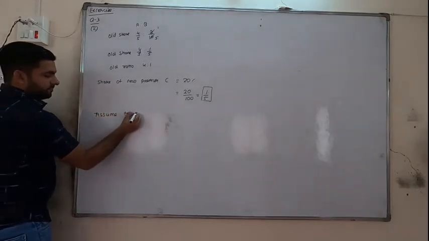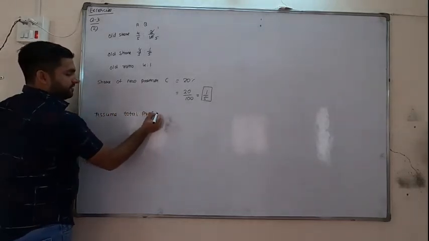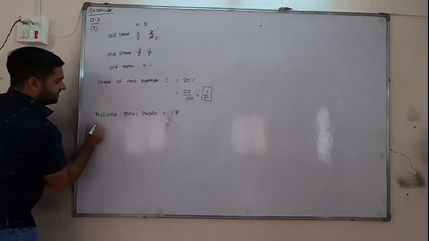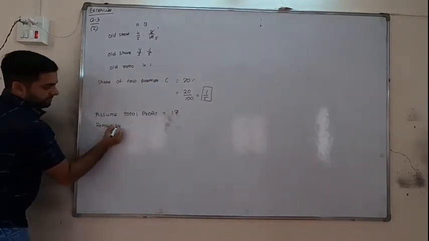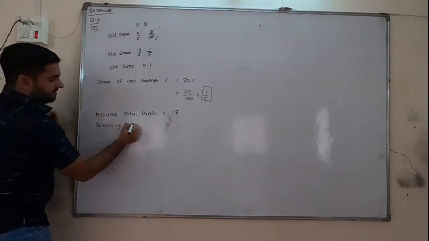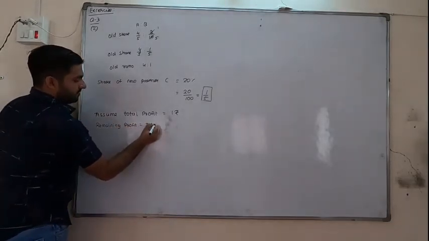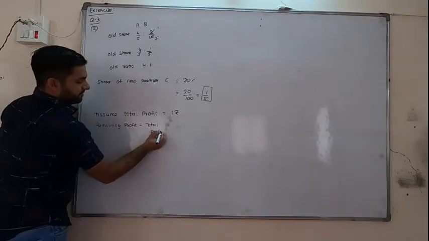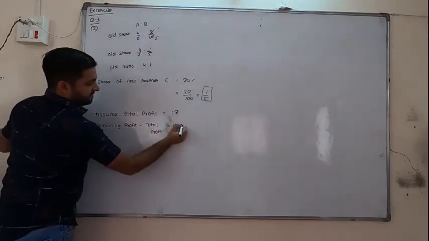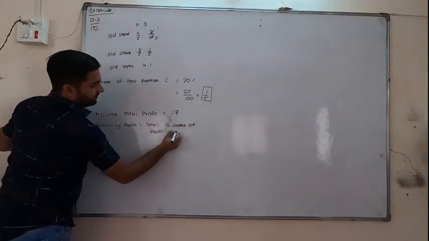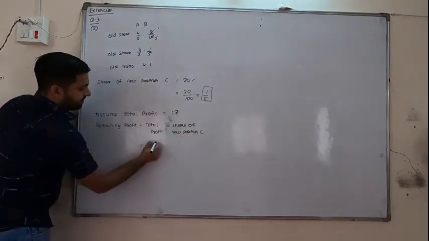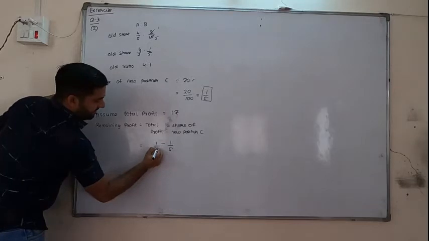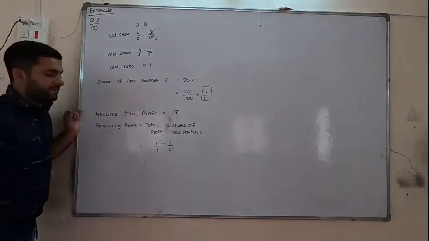Assume total profit is equal to 1 rupee. Now remaining profit is equal to total profit minus share of new partner C. 1 minus 1 by 5. So again nothing is denominator, so 1.